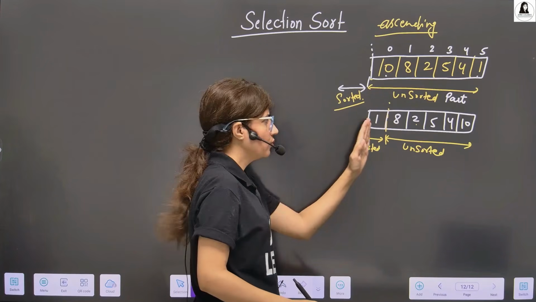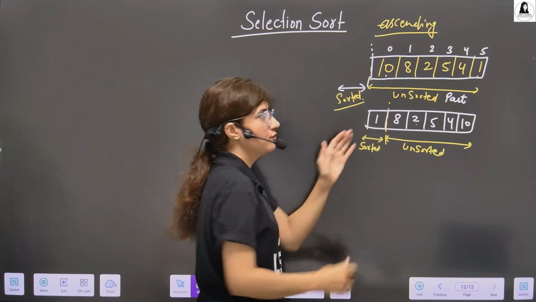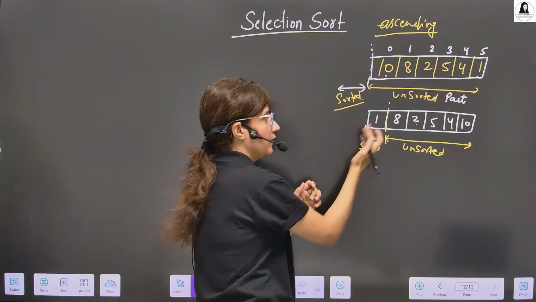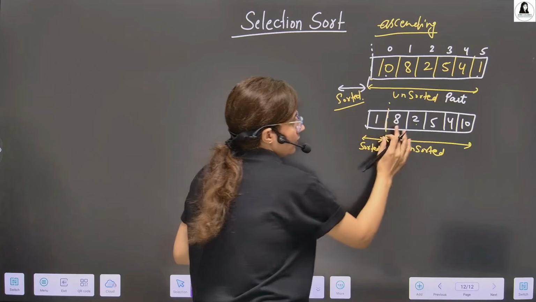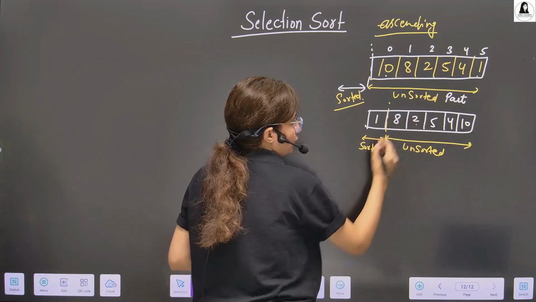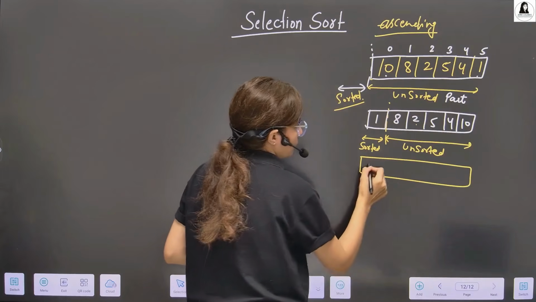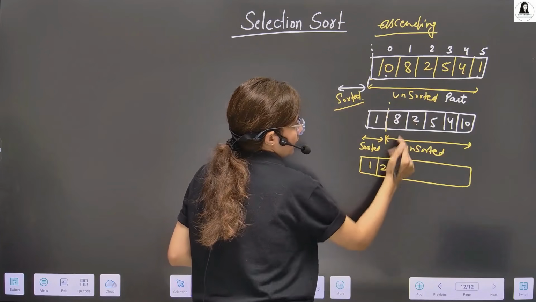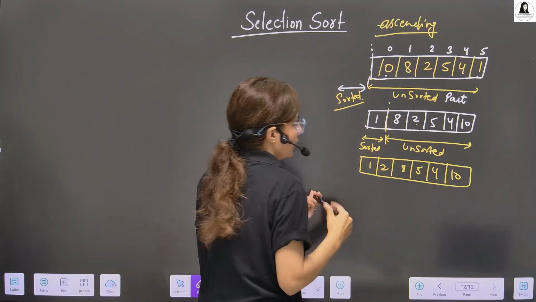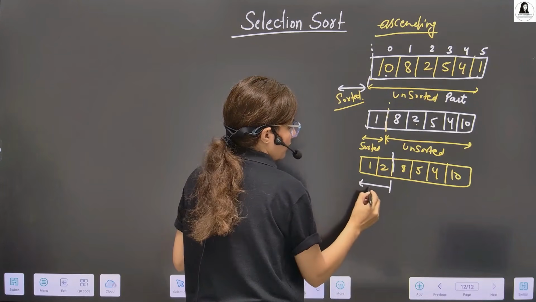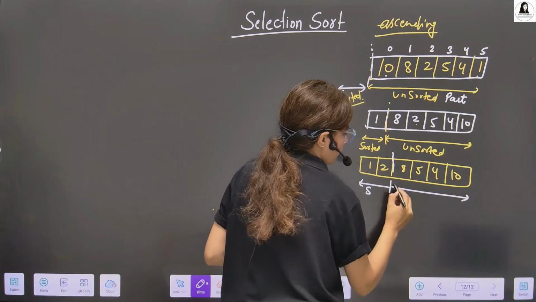At first, we swap with the first element, then with the second element, then third, fourth, and fifth, like this. So the smallest is 2. We swap this with this. After swapping, the array becomes 1, 2, 8, 5, 4, 10. Now this is my sorted part and this is the unsorted part of the array.